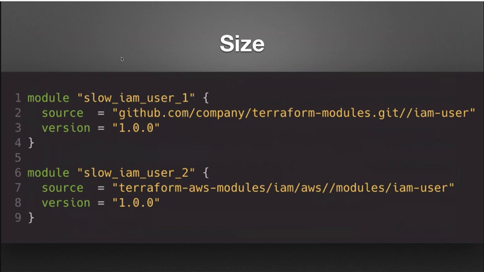Second point is size. If you have your infrastructure repository which consists of many small modules, like the one to create an IAM user or some other small subset of resources, you don't want every time someone is using this module for them to download the whole repository and then just check out a small directory in that one.